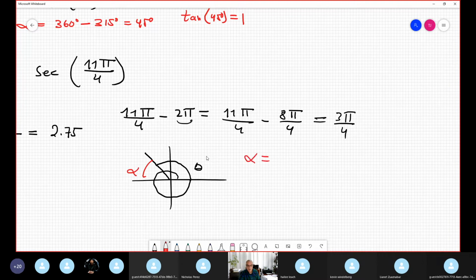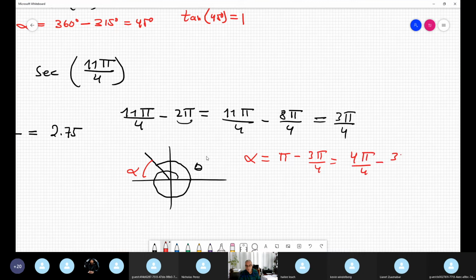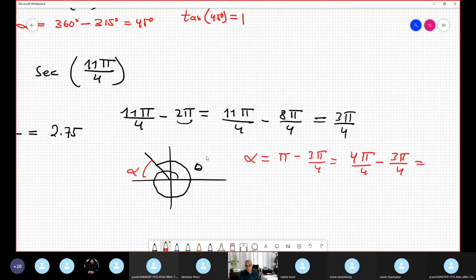And alpha is pi minus 3 pi over 4. This pi I consider 4 pi over 4 minus 3 pi over 4. Es obvio que es pi over 4, because 4 minus 3 is 1. ¿No? Entonces, secant, this trigonometric function I need to find, of pi over 4. Es la idea, ¿no?